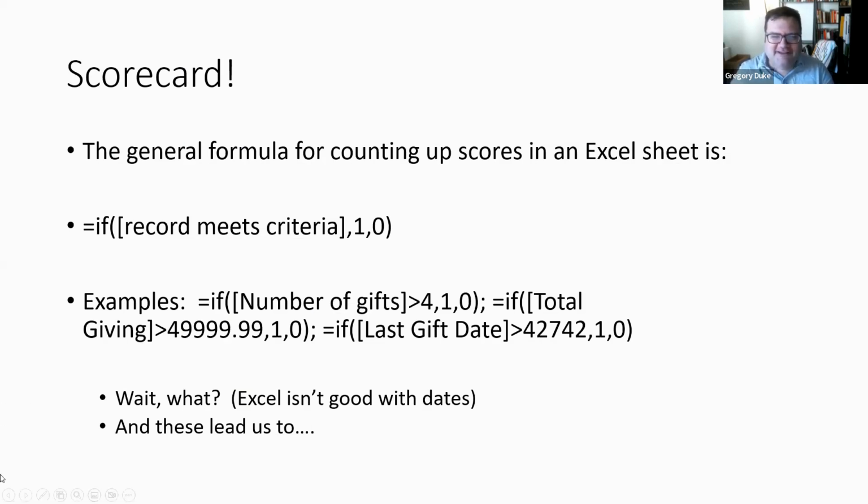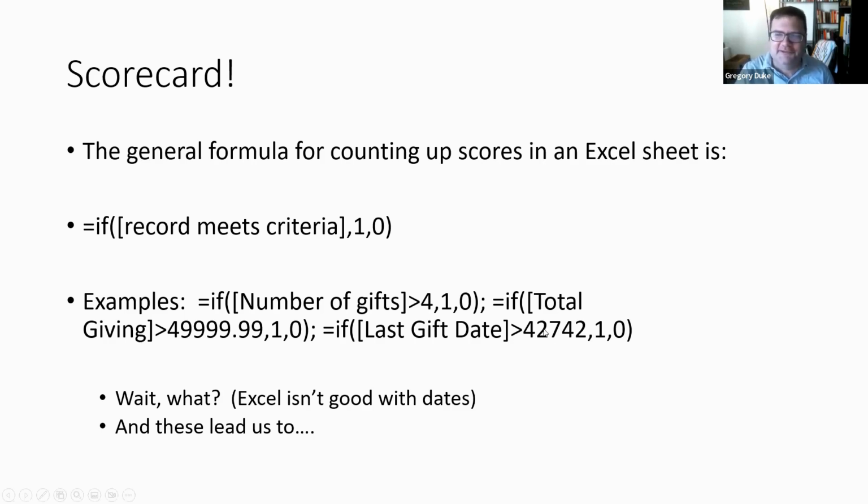Now, this last one kind of shows off how bad Excel is with dates. You could try and fiddle around and say if the last gift date was, I believe this is January 1st, 2020. But as you'll find, Excel doesn't really like dates.